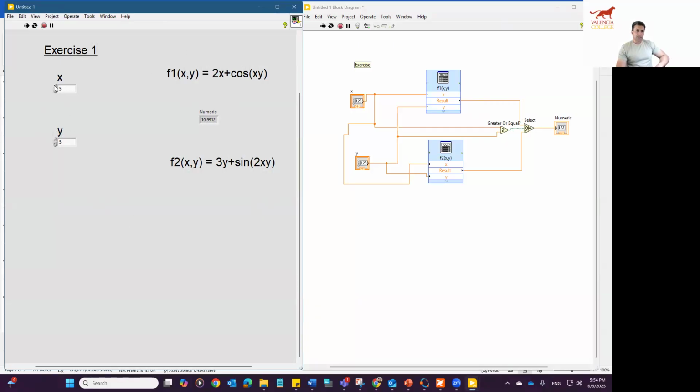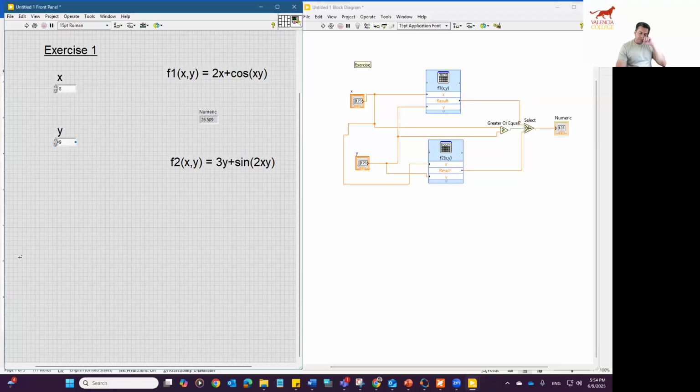And as long as x is greater than y, the condition will be generated according to f1 xy. And if y becomes greater than x, then the condition will be generated according to f2 xy. So this is a simple program to show the utility of using the select block as well as comparison blocks.